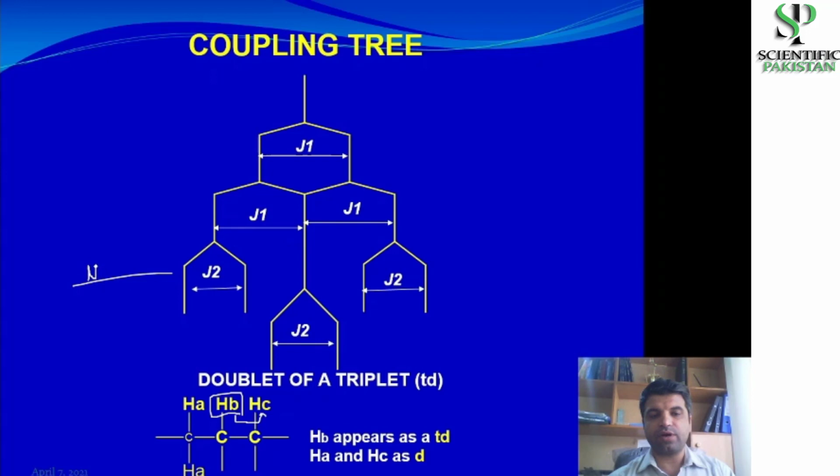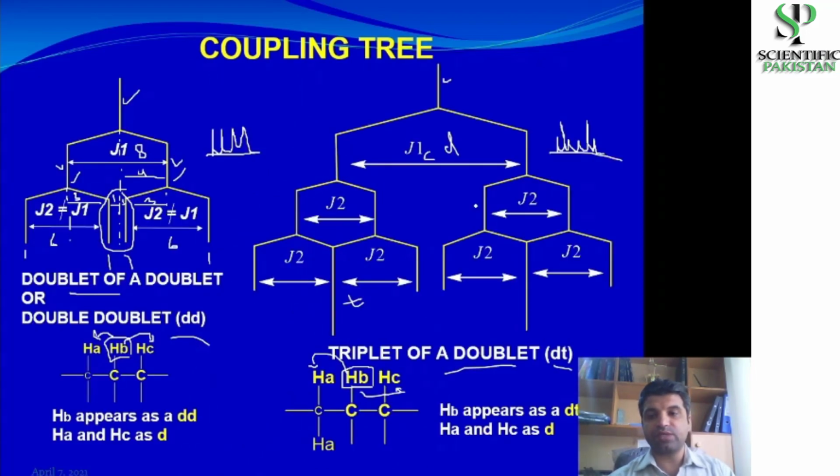So we have a doublet like here, and then we have a larger doublet like this, showing these 2 lines, and then we have again a smaller doublet like this. So in all, this signal looks like a triplet which is split into 2 or doublets. So it's a TD or doublet of a triplet.